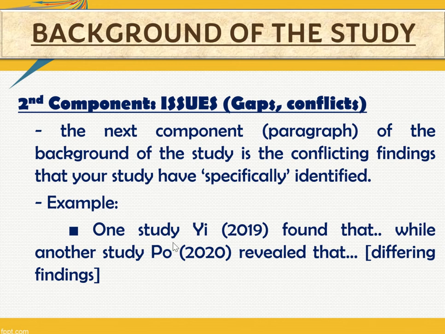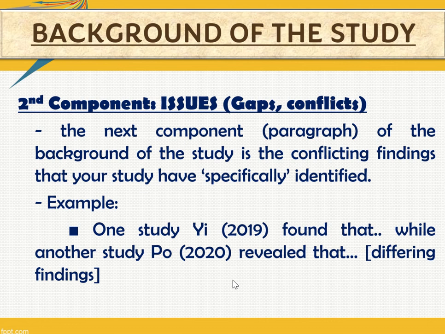For example, one study, the author 2009, found what their findings were, while another study in 2020 revealed that. So in this example, we are showing differing findings from different authors. Okay? So this is one way on how we can state an issue or a gap in your research study.